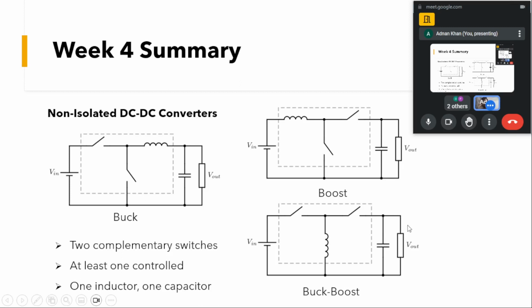Here what we can achieve at the output is a voltage which can be lower than the input, or a voltage which can be higher than the input. The idea is the same, which has already been discussed in the first lectures. Whatever is here in all three topologies is a switching network.